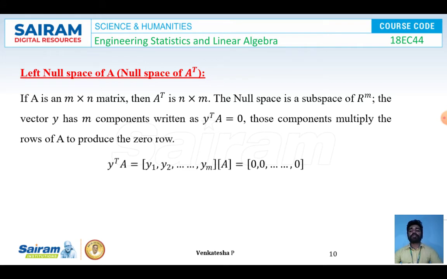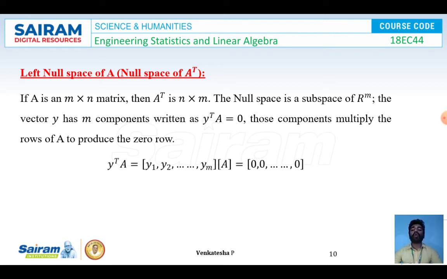Left null space of A, or null space of A transpose. If A is an M cross N matrix, then A transpose is an N cross M matrix. Then the null space is a subspace of R power M. The vector y has M components and it can be written as y transpose A equal to 0. So those components multiply the rows of A to produce the 0 row.